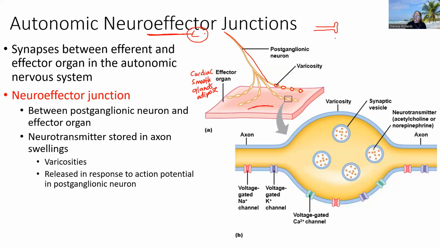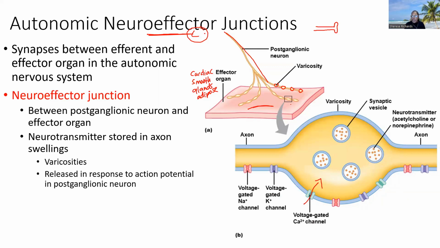And it's going to behave just like a postganglionic neuron, just like an axon terminal, in that the calcium channels are going to be activated when the action potential arrives at the varicosity. Calcium is going to rush into the varicosity, or the swelling here. That's going to trigger the release of the neurotransmitter, and it's going to cross the junction, bind to the tissue, and then result in the response.